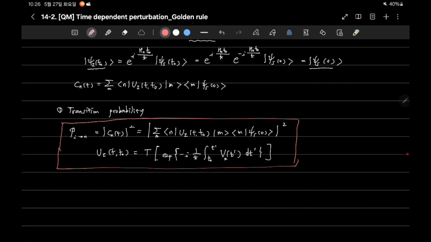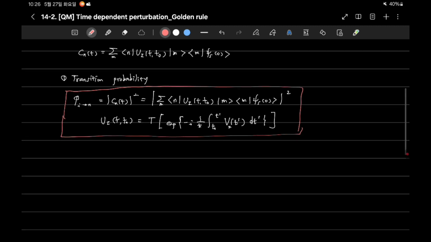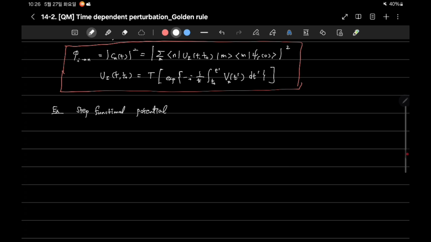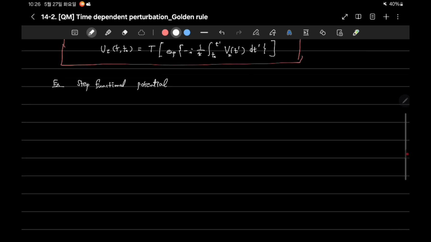To calculate this, let's make an example. An example helps our understanding. Take a step function potential. The step function potential is not time-independent but time-dependent. Let's define the time-dependent step function.